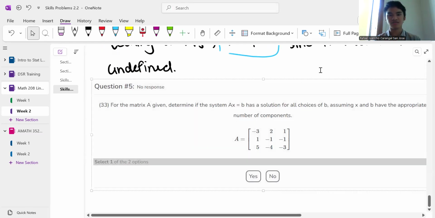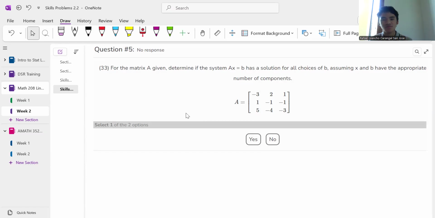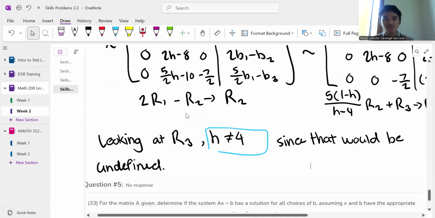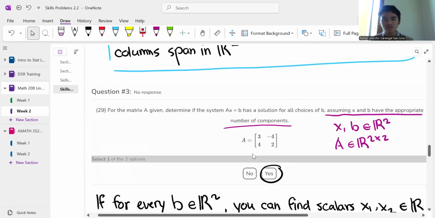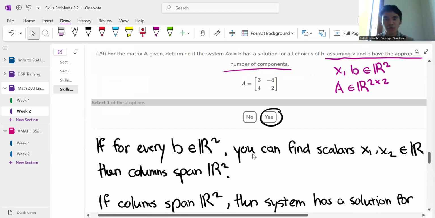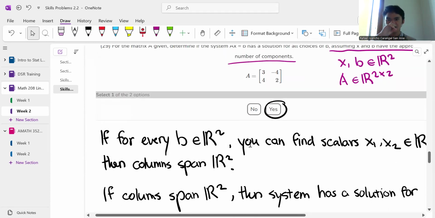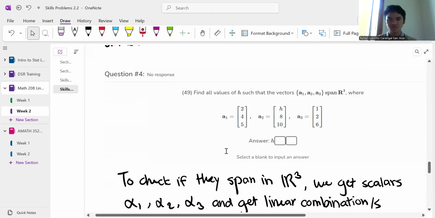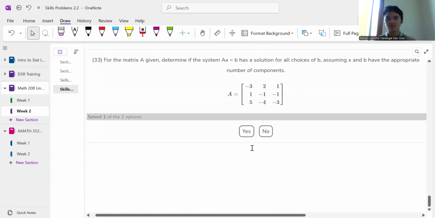Question 5 is asking, for the matrix A given, determine if the system has... Oh, didn't we just do this before? Right, we did this before, but here is our property. So there has to be a way to just go around this without looking at it.